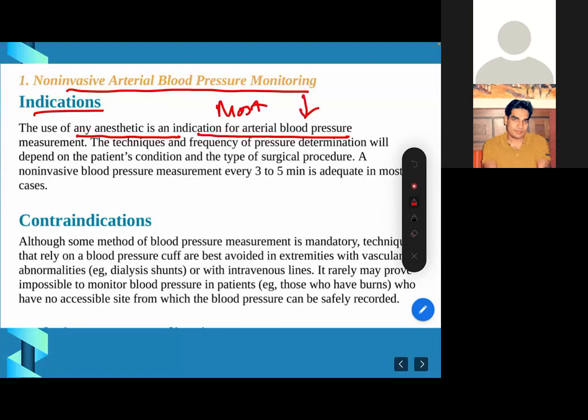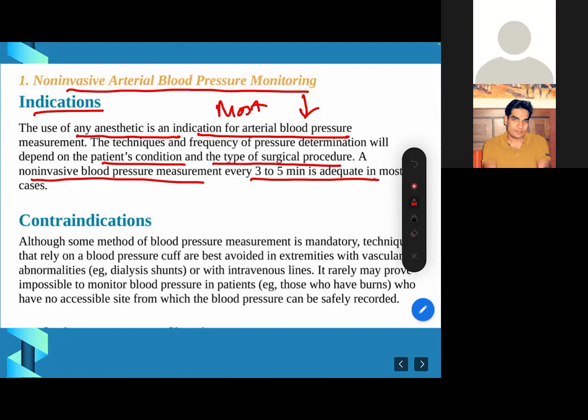So the technique and frequency of pressure determination will depend on the patient's condition and type of surgical procedure. That will decide what blood pressure monitoring device we should use. Usually we use non-invasive blood pressure monitoring that records every 3 to 5 minutes in most cases.